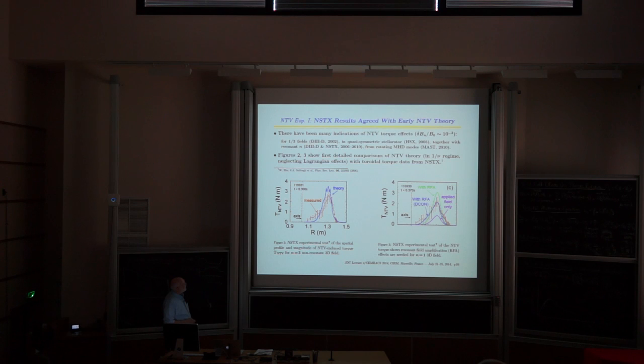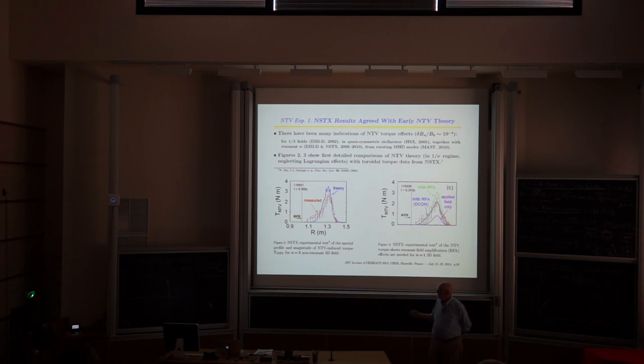This is actually for a so-called n equals 3, so toroidal mode number of 3 perturbation. And the idea is that this is considered pretty good experimental comparison, okay? However, they then did also another experiment.